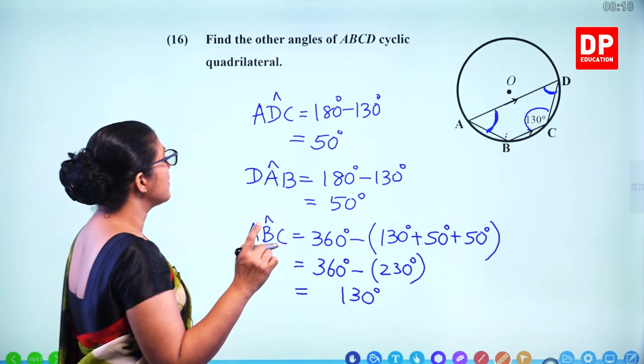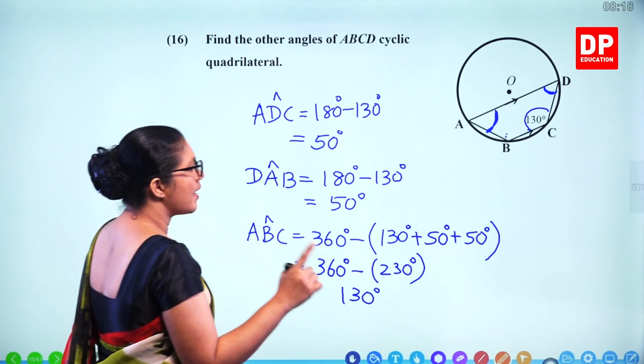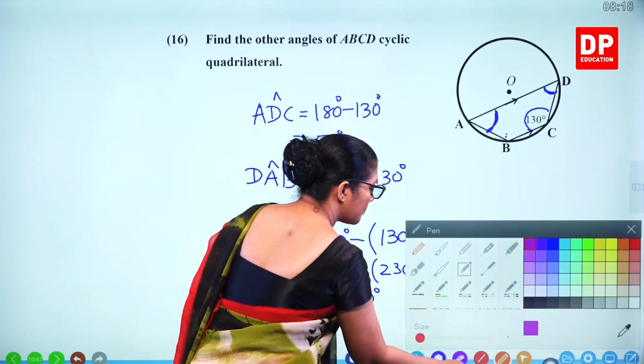So angle is 130. So we found all the other angles. So you get 2 marks.